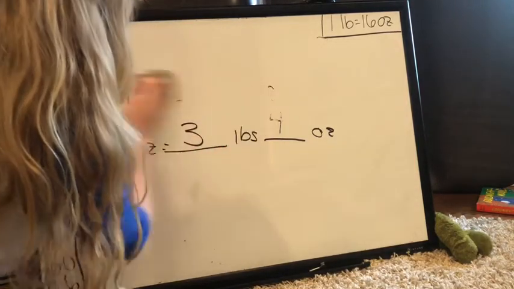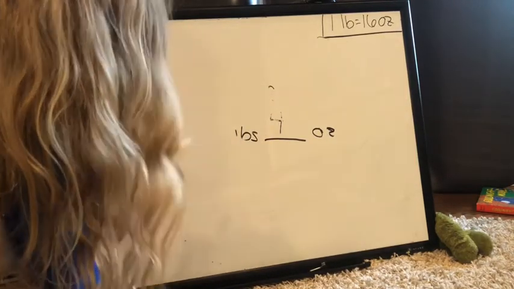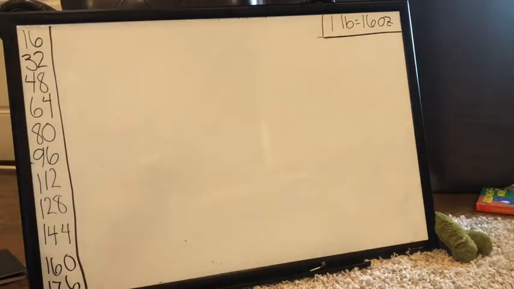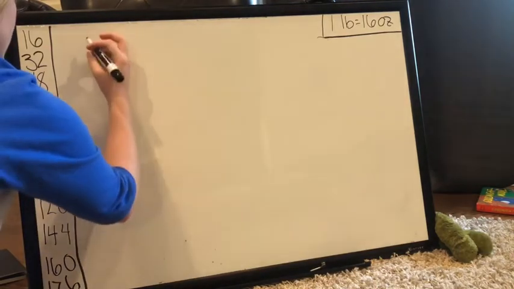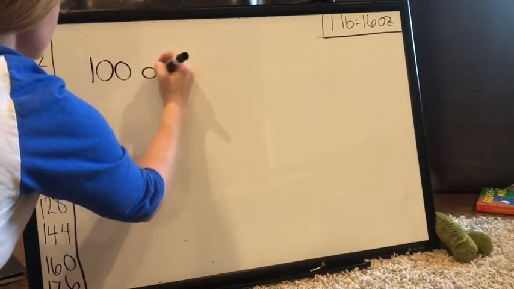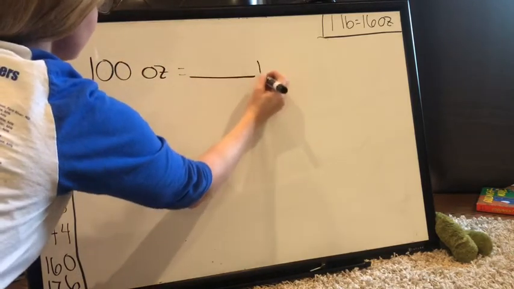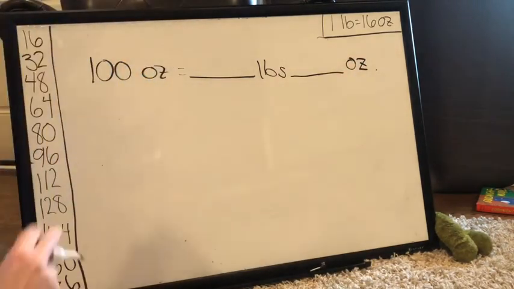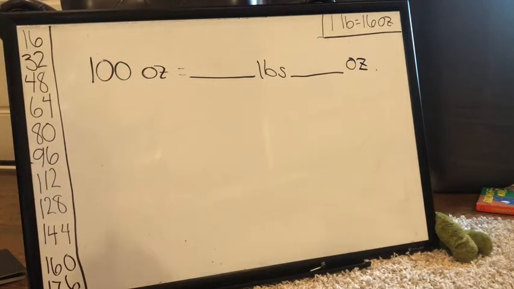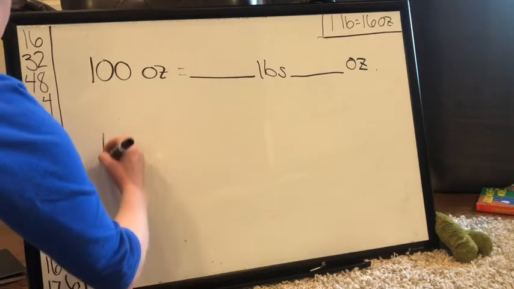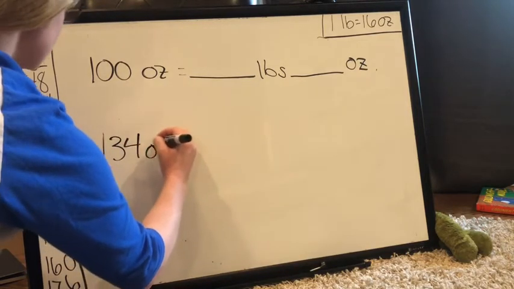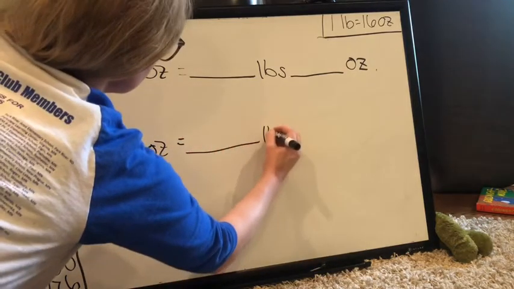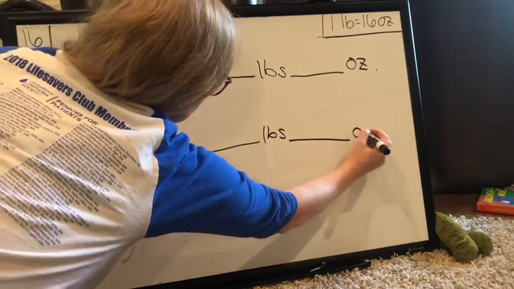Let's do 3 more just like that. This is really important to practice a lot since it is a trickier concept. Okay, let's see. 100 ounces. Let's do a nice round number. Is how many pounds? How many ounces? Then let's do 134 ounces is how many pounds, how many ounces?